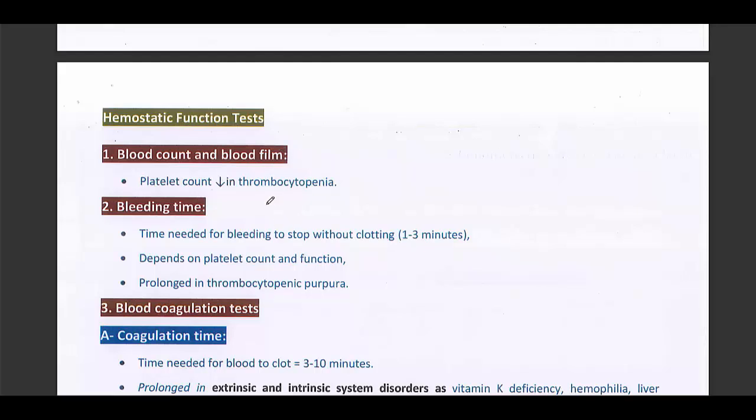Thrombocytopenia, from its name: thrombo means thrombus, cyto means cell, penia means decrease. So thrombocytopenia means a decrease in platelet count. This is the first test.